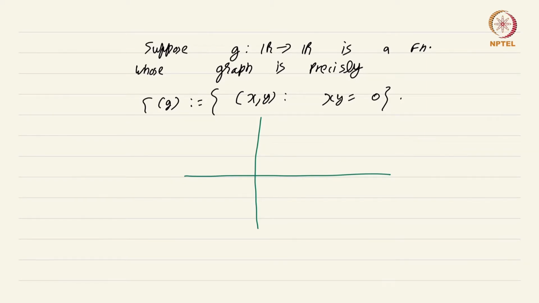Which means that if this is the graph, near the point 0, the graph will have to be multi-valued. So g, this is not possible, because g of 0 is going to be multi-valued.